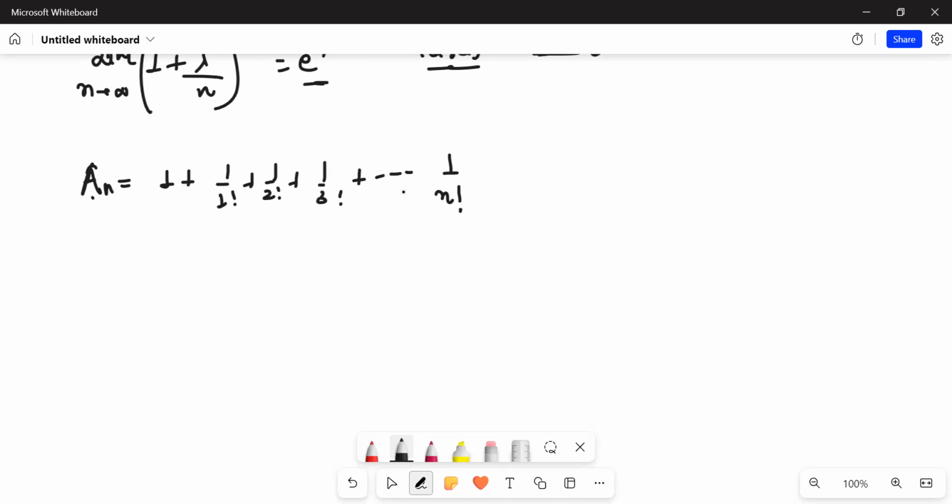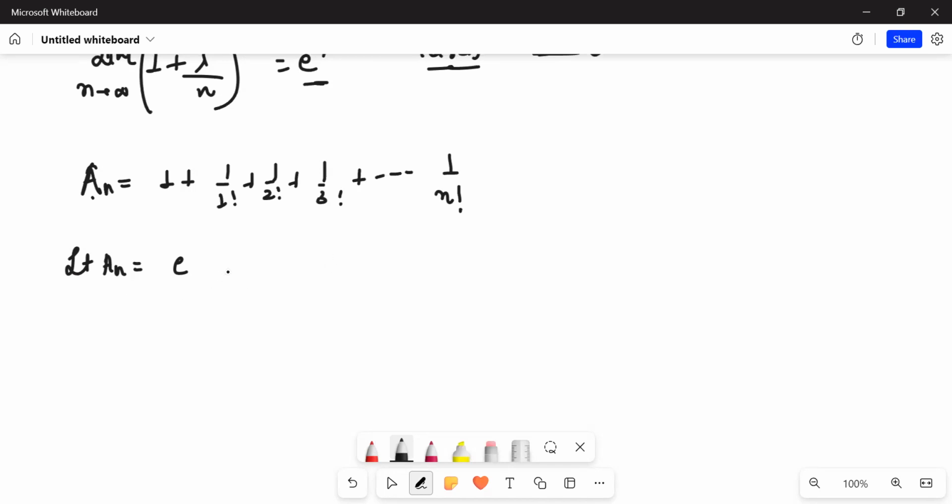So consider this particular sequence. We know that the limit of this particular sequence is equal to e.